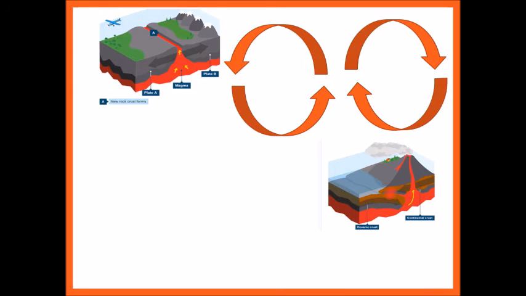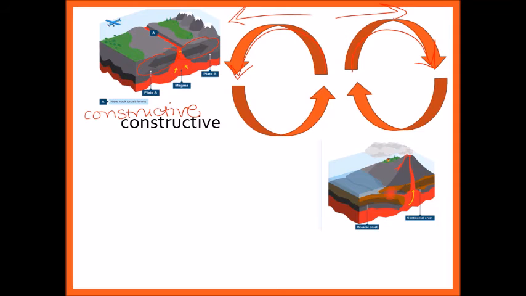At a constructive plate boundary, this one here, the convection currents under the surface are moving up and out. And what this does is it makes the plates above it move outwards. It pulls them outwards and allows that magma to rise up.